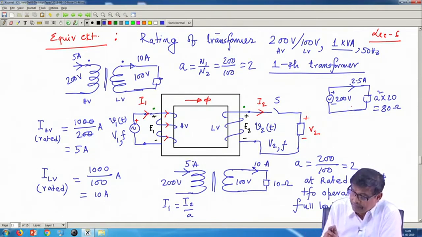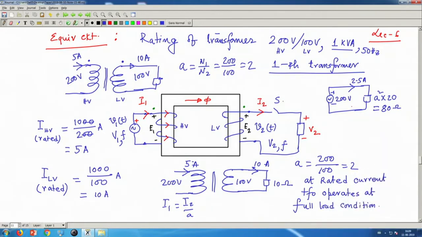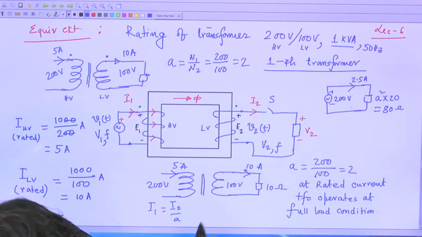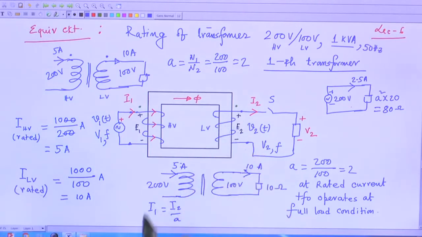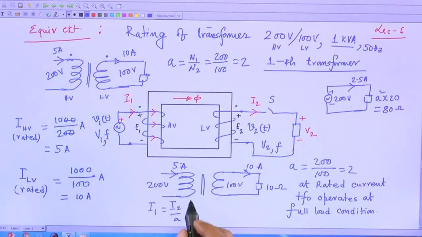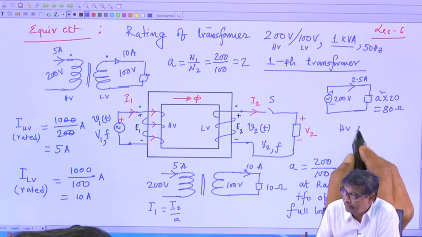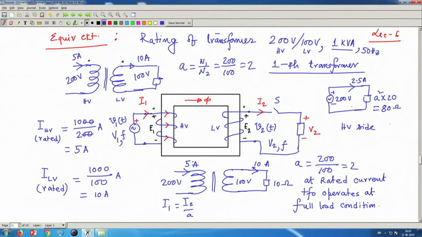Kilovolt ampere is a very practical unit. But what I want to say is, while making this coil, you have to use a piece of wire and wind it like this. The cross section of this wire, the gauge of the wire, is decided by the magnitude of the current. Therefore, on the HV side, the conductor cross section will be thicker.